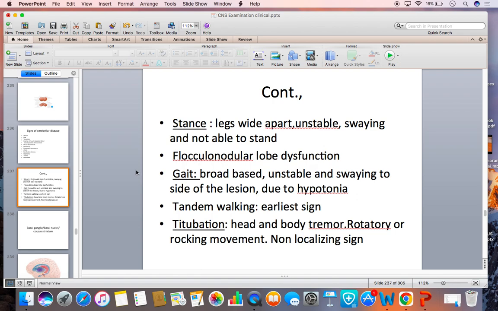Then the cerebellum sends efferents to the flocculonodular nuclei. The flocculonodular lobe sends the efferents down to the nuclei of the motor cranial nerves in the pons and the reticular formation.